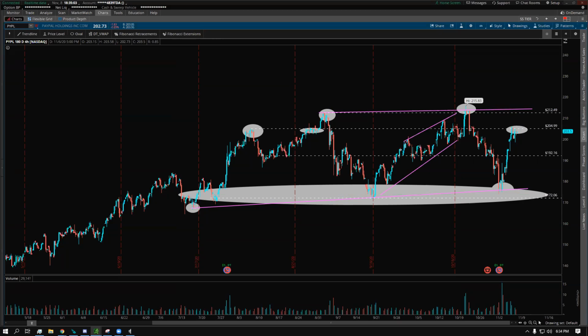So let's say you're trading intraday and PayPal opens at 204, and the previous day you had support at like 202, and PayPal likes to move a couple of dollars a day. All of a sudden you get in at 202 and buy a 210 strike call option, and you see it going up and up and up, and then you hit 204.